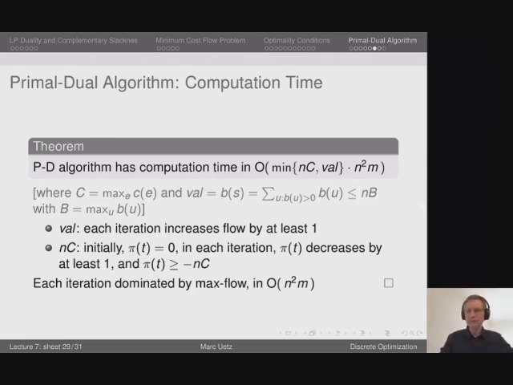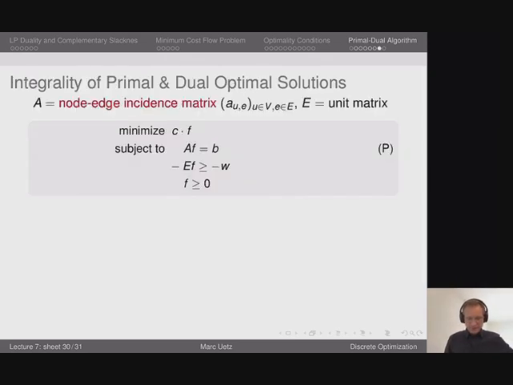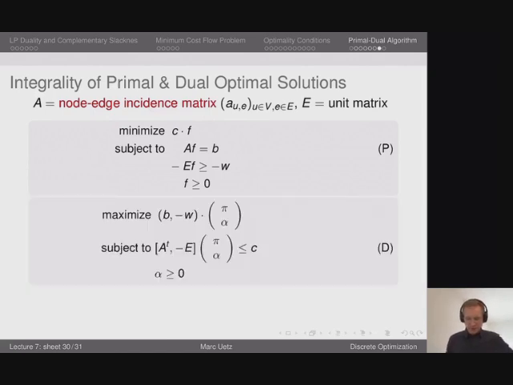All right. So that finishes the analysis of this algorithm, and let me finish the lecture by a little outlook on what we are doing in the next lecture, because as a side remark, we have obtained the following. So remember the formulation of the minimum cost flow problem as a linear program here, and that would be the corresponding dual linear program here.